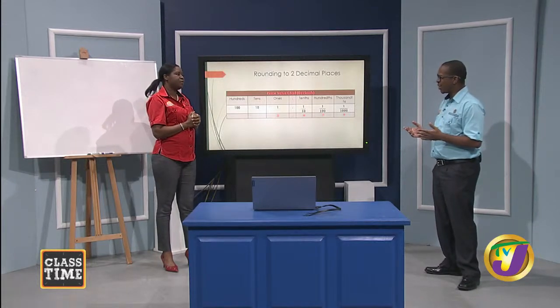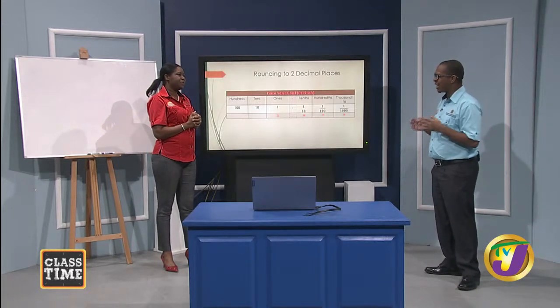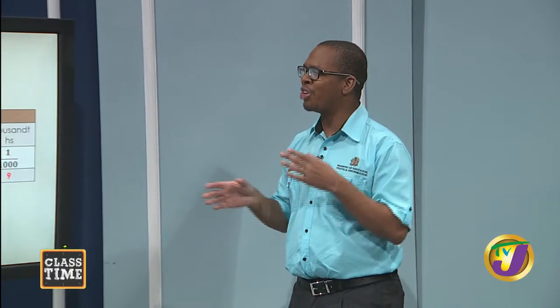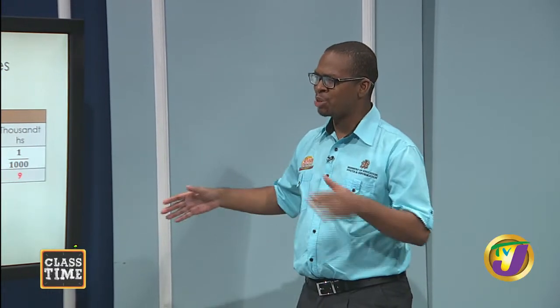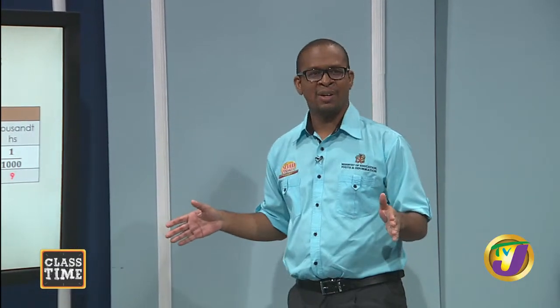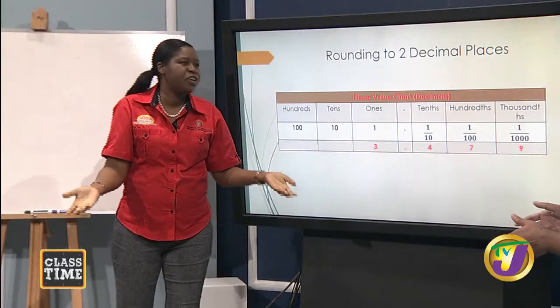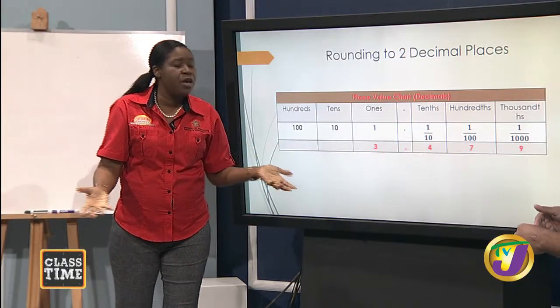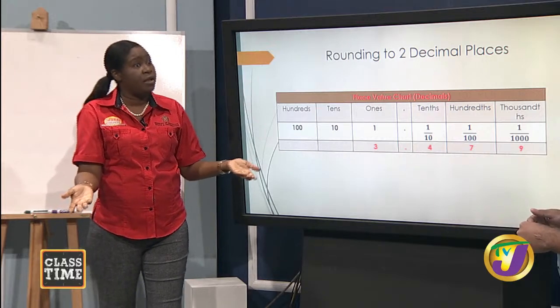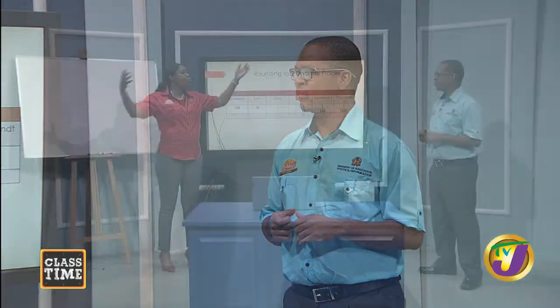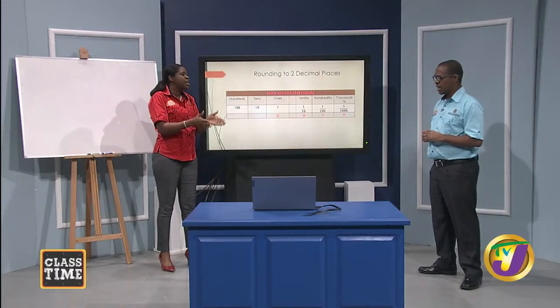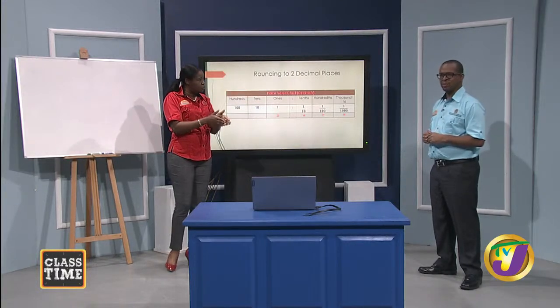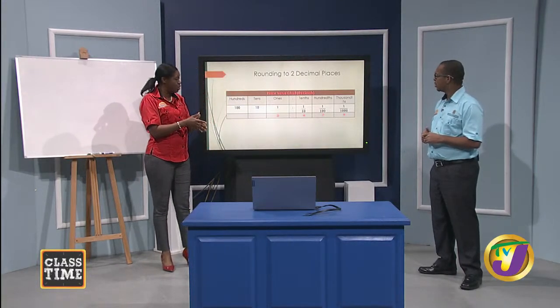So when I'm giving an estimation, I want the answer to be very close to the original number, not too far off. For example, when you measure materials for some work at home and give the builder an estimate, you don't want to buy too much or too little. You want to get as close to the actual measurement as possible.